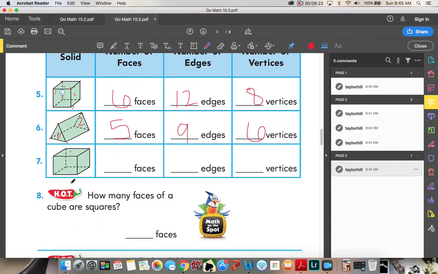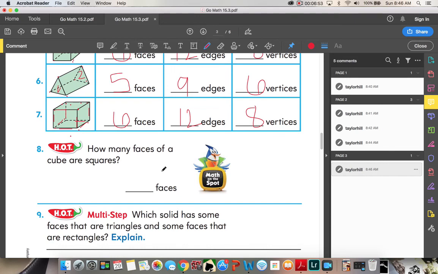We have 2 on top and 4 around, so that's going to be 6 faces. The number of edges, 1 through 12. 12 edges. And then the number of vertices, the points, 1 through 8. So 8 vertices. Good.